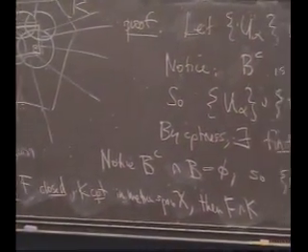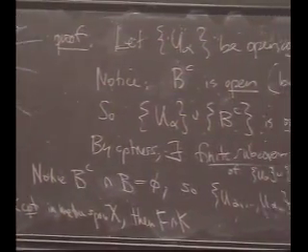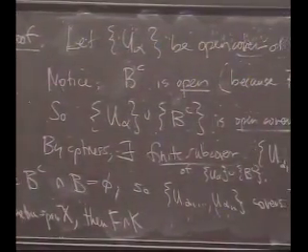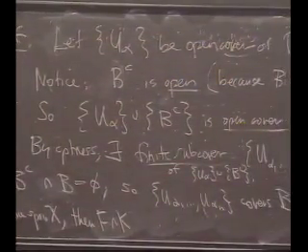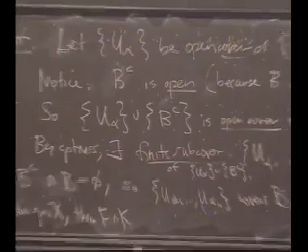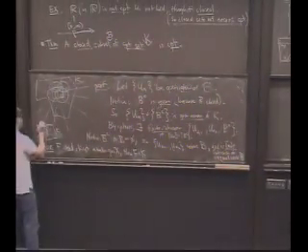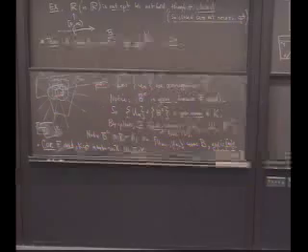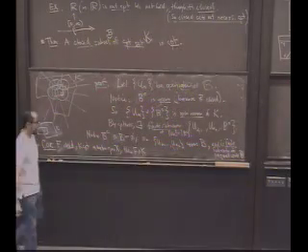Picture here is, let me just erase this part. Picture here is you have F closed, K compact. What can I say about the intersection? It's going to be compact.